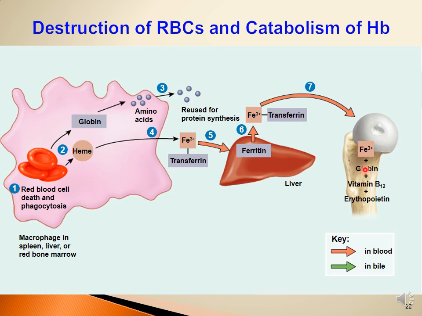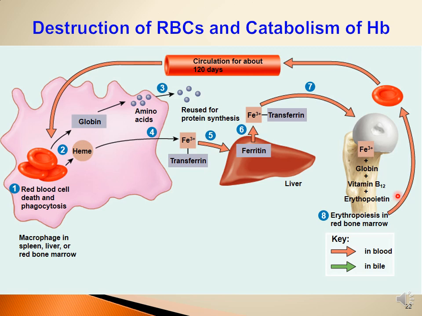This iron will bind to globin, which is newly produced in the bone marrow in the presence of vitamin B12 and the most important hormone that stimulates erythropoiesis, which is erythropoietin, released in turn from the kidneys in response to low oxygen, to produce new hemoglobin that will be packed in new red blood cells and released into the circulation. And these new red blood cells can survive for 120 days and the cycle will repeat again.